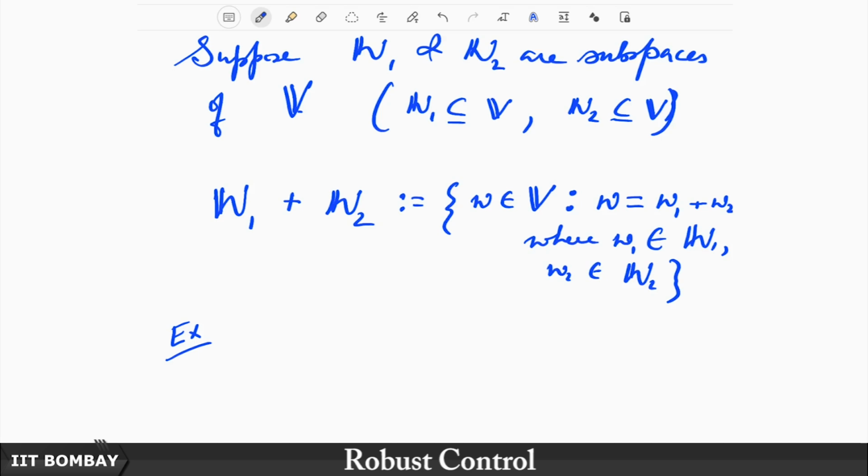In our case, scalars will be, as I have said so many times, either real numbers or complex numbers. And then you have to check whether that resultant combination is also a member of this W1 plus W2 set that we have now defined. If it is, then we say that this W1 plus W2 is a subspace. So, I am already claiming it is a subspace. All I am asking you to do is to check that it is indeed a subspace. Take that as an exercise.